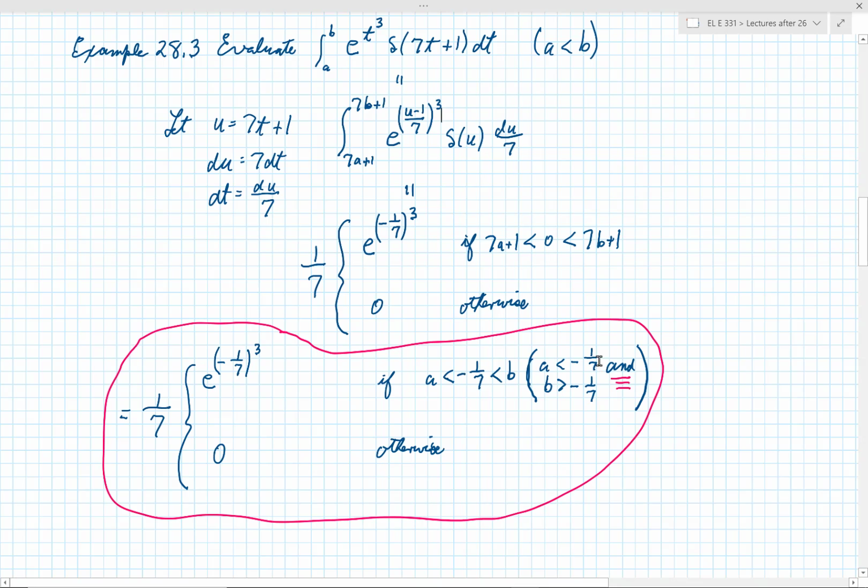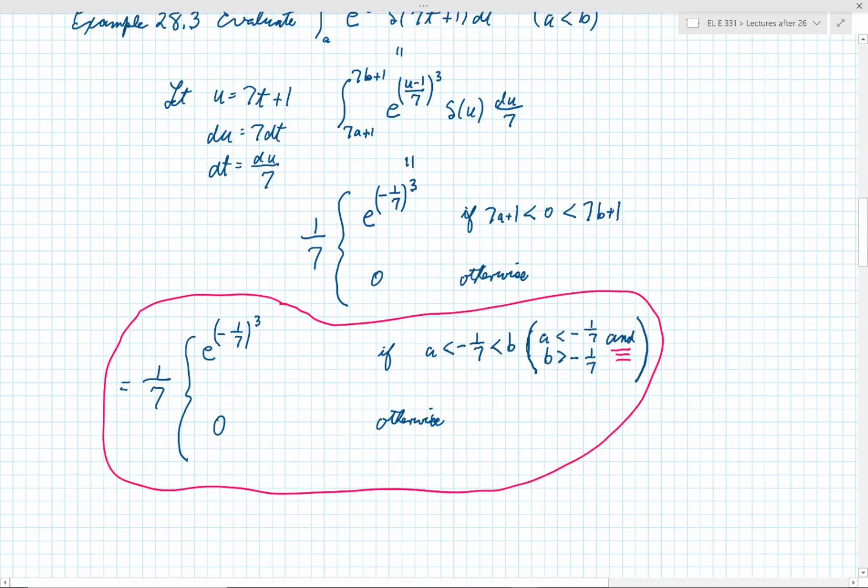A is less than negative 1/7 and, underline and, because both conditions must be true, A is less than negative 1/7 and B is greater than negative 1/7. So that's what this means. If that's true, then the integral is equal to 1/7 e to the minus 1/7 cubed. If that's not true, then the integral is equal to 0.